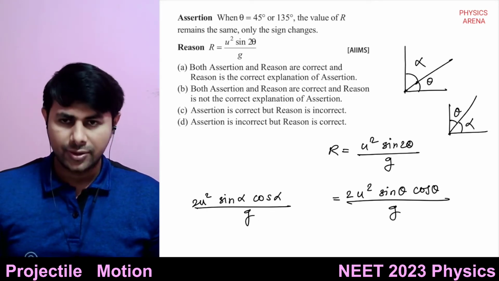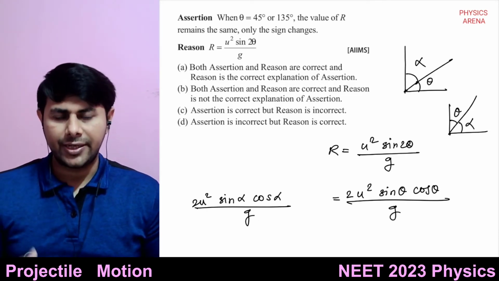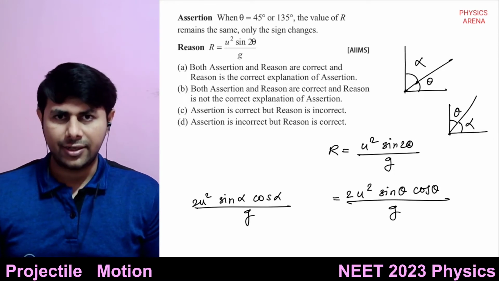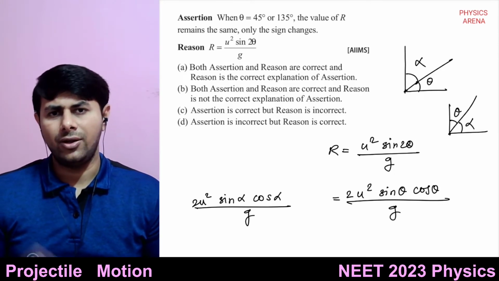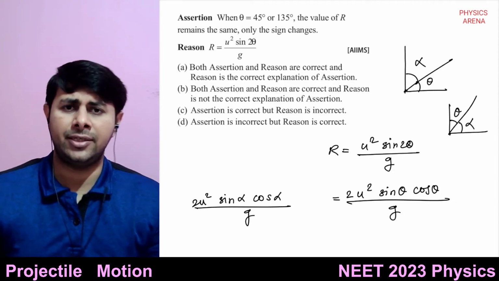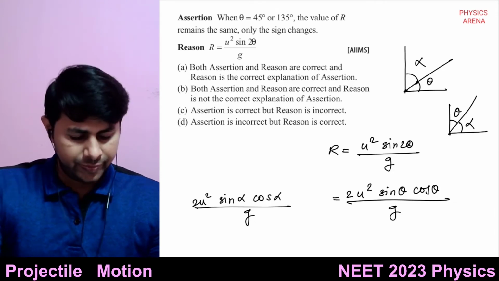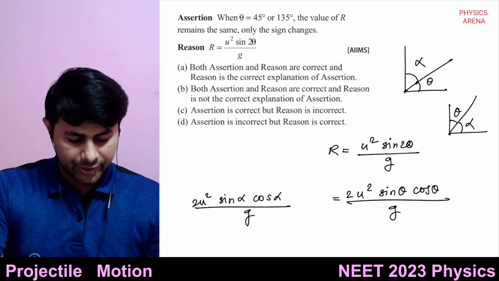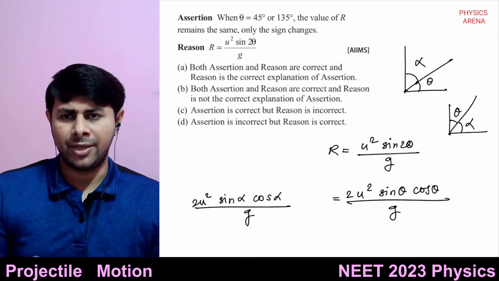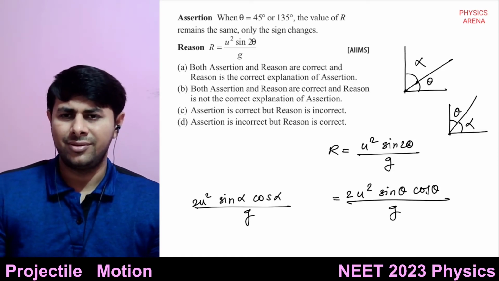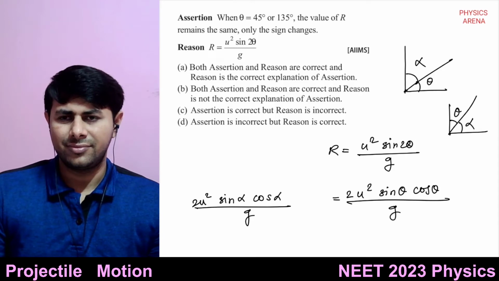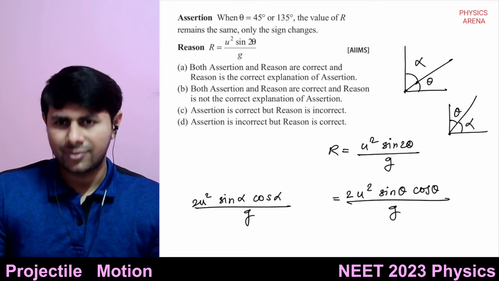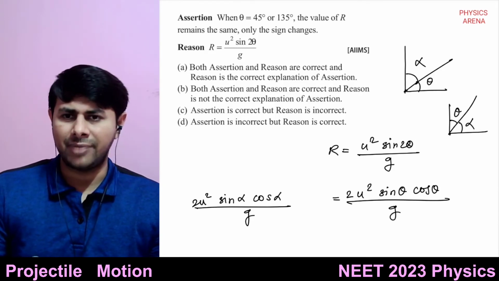And why so? Projectile thrown at angle theta and projectile thrown at angle 90 minus theta will have same range, because sine of 90 minus theta is how much? Cos theta. And what is cos of 90 minus theta?